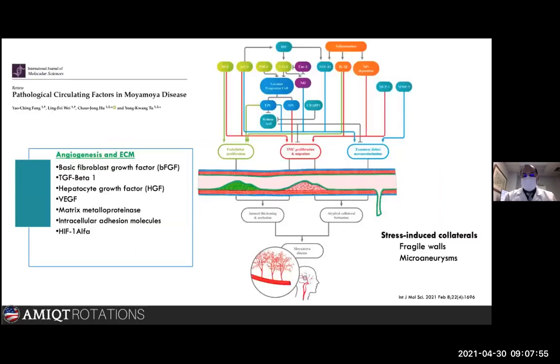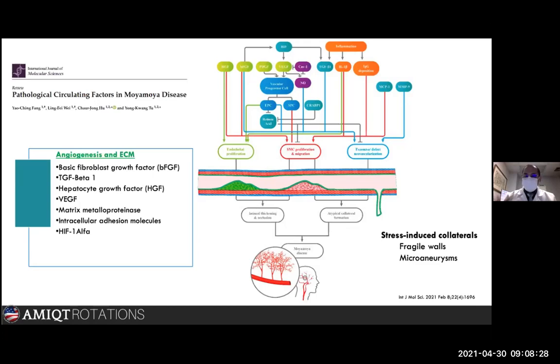Regarding the pathophysiology, there are still a lot of gaps in the understanding of the whole process. However, it has been observed that an overexpression of angiogenic factors is associated with the development of this condition. Some of the most important angiogenic factors are the basic fibroblast growth factor, the transforming growth factor beta 1, hepatocyte growth factor, and vascular endothelial growth factor.